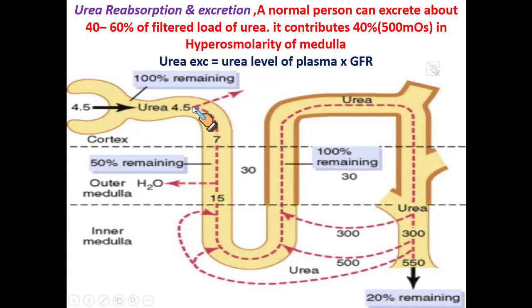You know that there is a transcellular mechanism, there is a paracellular mechanism, and there is a solvent drag mechanism. I have told you in your classroom lectures what is meant by solvent drag. Just like the wave of the ocean drags the sand or other things from the bank of the river or ocean into the mainstream, similarly in solvent drag, the water is reabsorbed from here between the cells, and when the water moves between the cells, it also drags some of the urea into the peritubular capillary network.